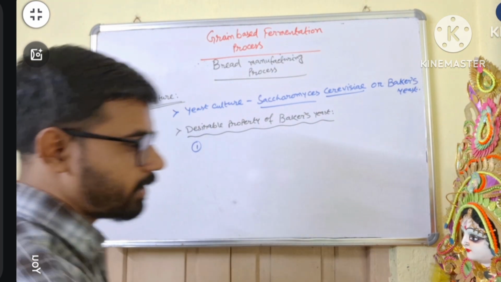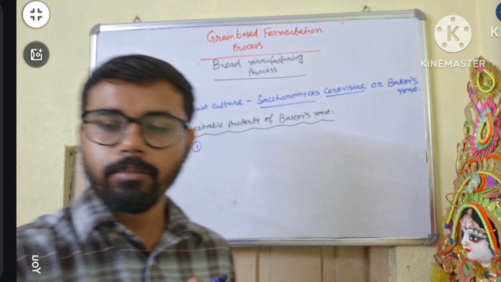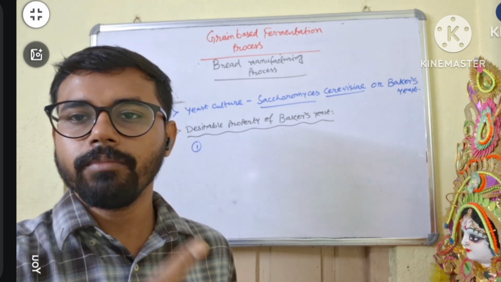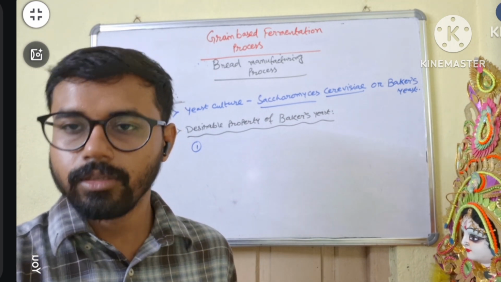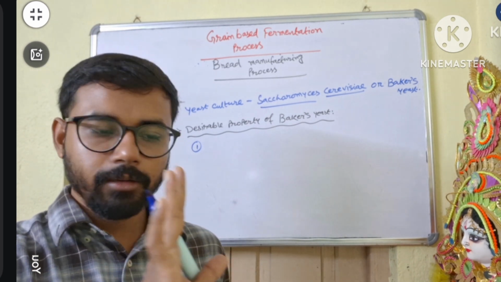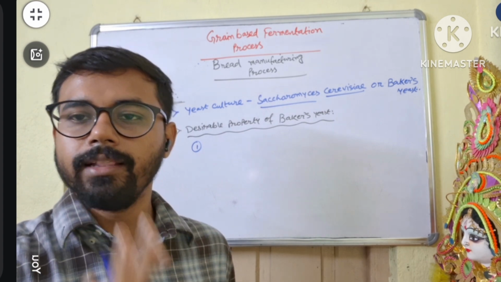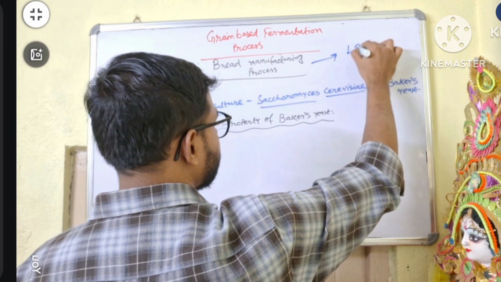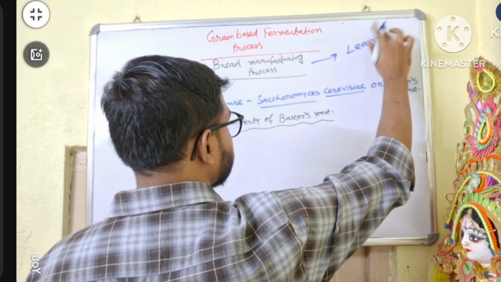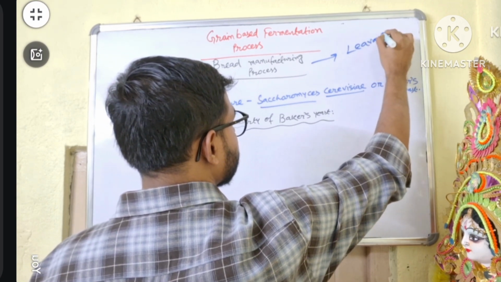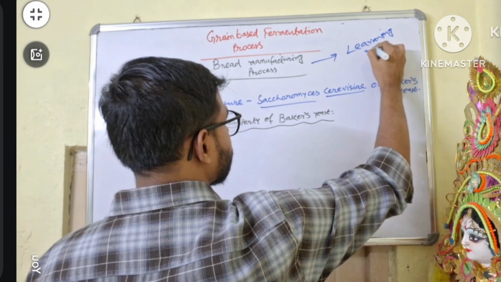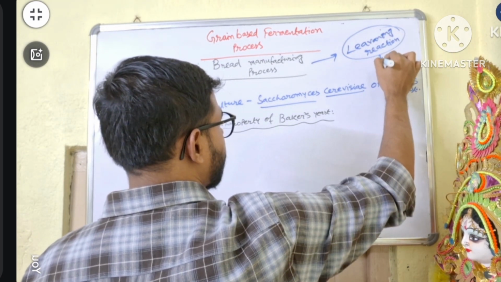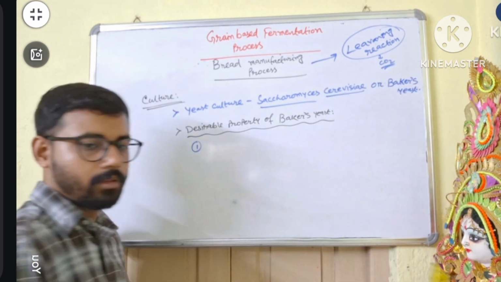Clearly, the first function that we need from the yeast is the concentration of the carbon dioxide that is produced. Yes or no? The ultimate bread manufacturing step needs the leavening reaction, and the leavening reaction means carbon dioxide generation.